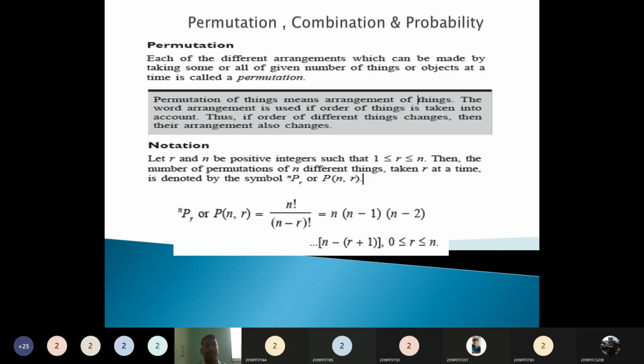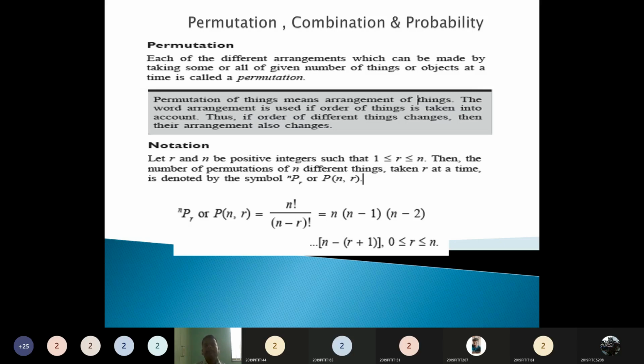Other problems will be taken by Johnny Madam and probability. These concepts you all already studied in the second year. Permutation, combination, probability, everything. So from the aptitude point of view, we will concentrate on a few concepts and problems.